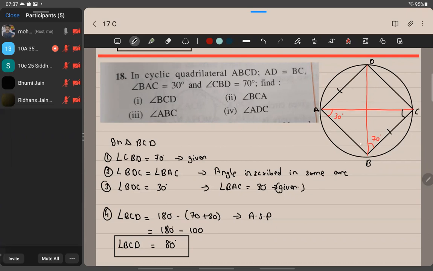No, we can't find right now. This we found 30 degree right now. This we found 80 degree total. If this is 80, we can find this part now. This will be 100. 100 minus this will be 70. And this is 70 only.